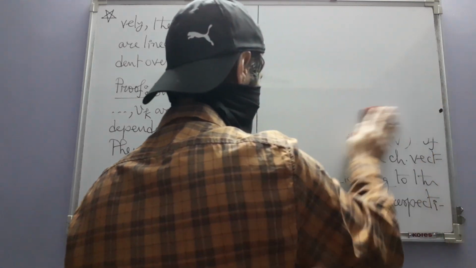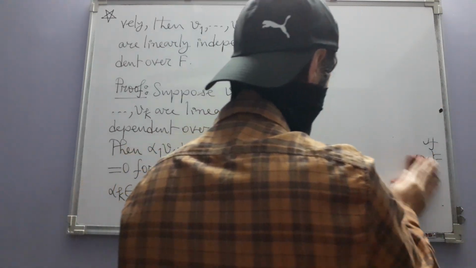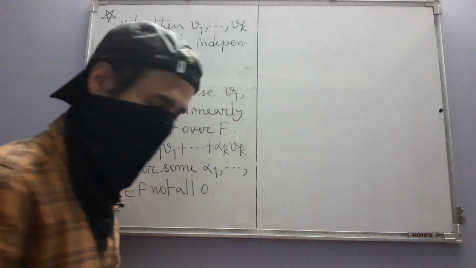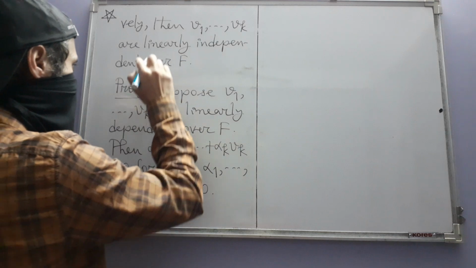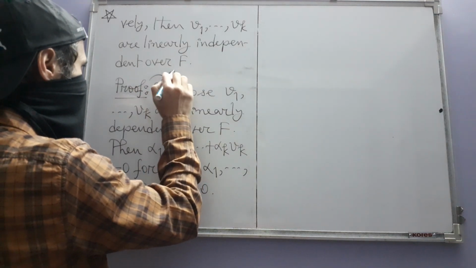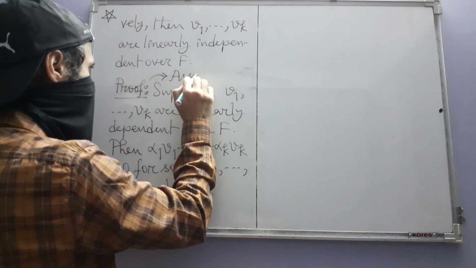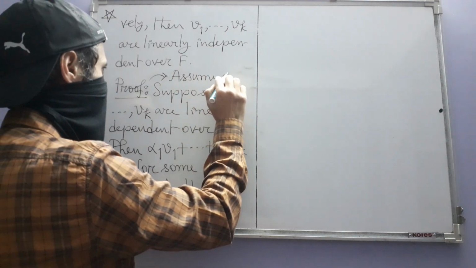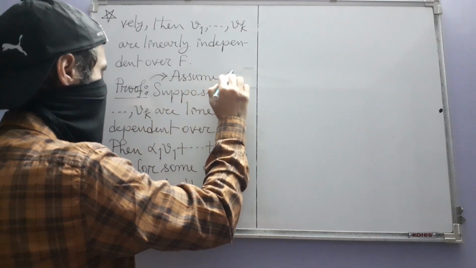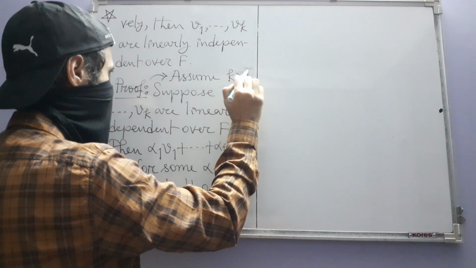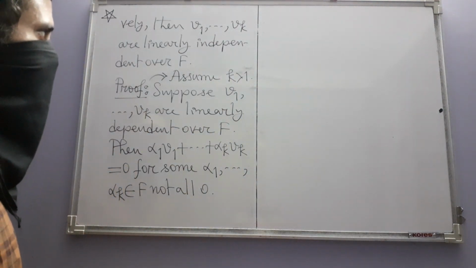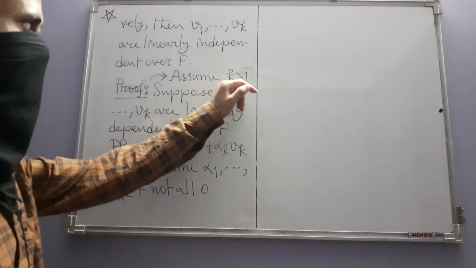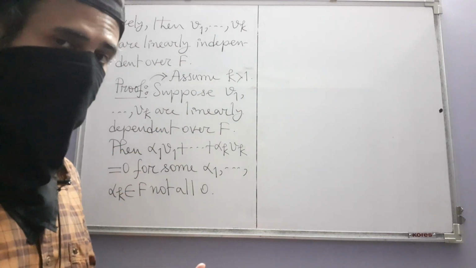Actually, I should have started the proof by mentioning something else I forgot. Let me mention it now itself. In the beginning of the proof, we assume the number of vectors to be greater than 1. Do you see why the case k equal to 1 is trivial?